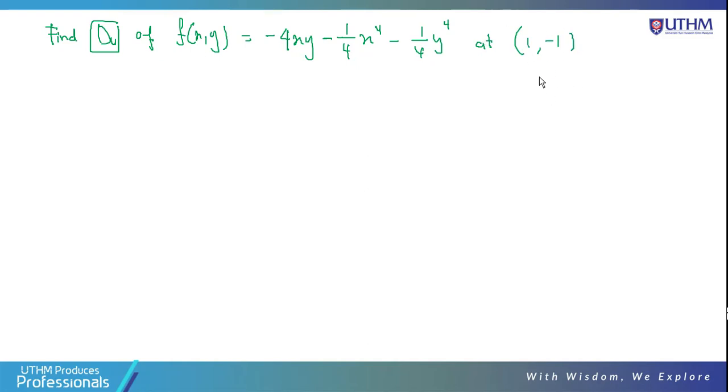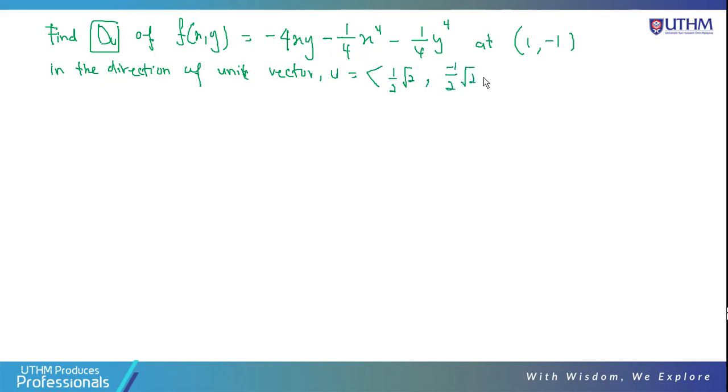So the point, you need to substitute after you get the directional derivative. Okay, in the direction of the unit vector u. Okay, this one is u. If u is given, you just use it, apply the unit vector.